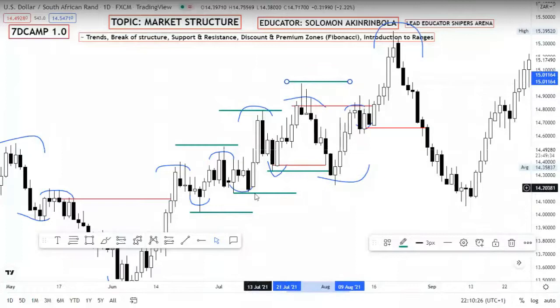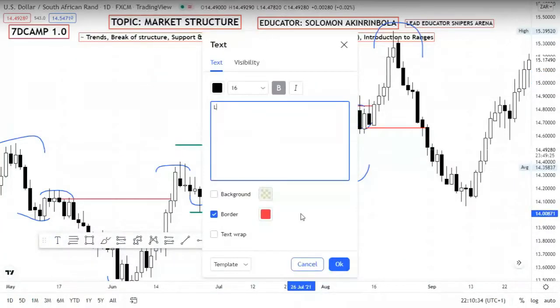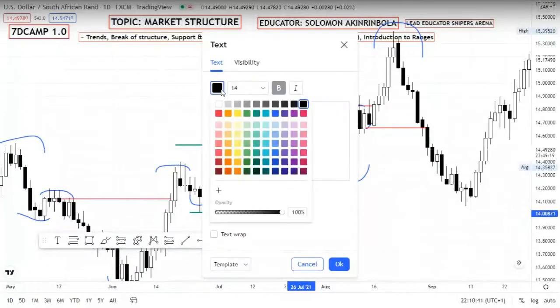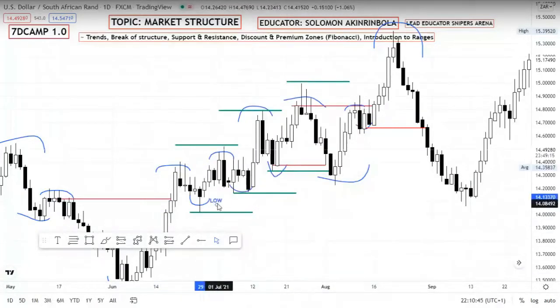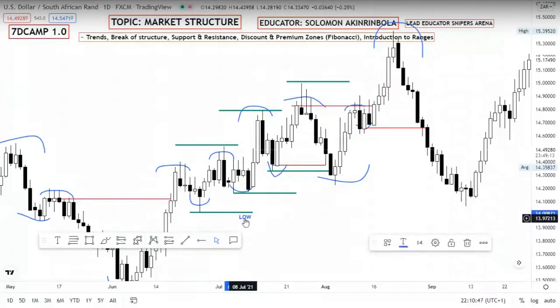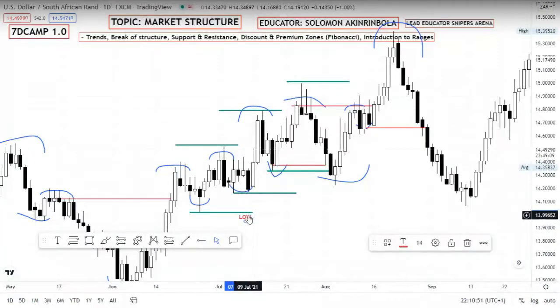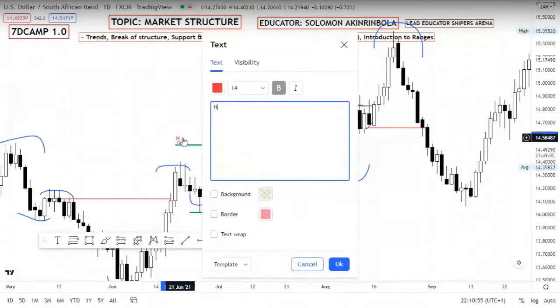Price has been respecting the low of the range and the high of the range.